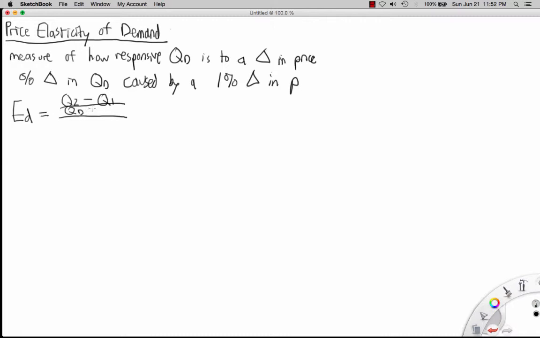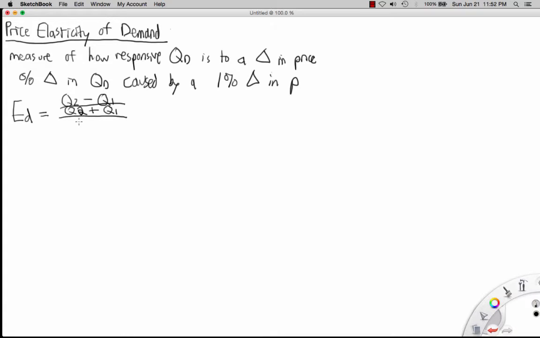However, if you recall, the percentage change formula is just new minus old over old. This is a slightly modified percentage change formula in that it's not new minus old over old. It's new minus old over new plus old, if you will.